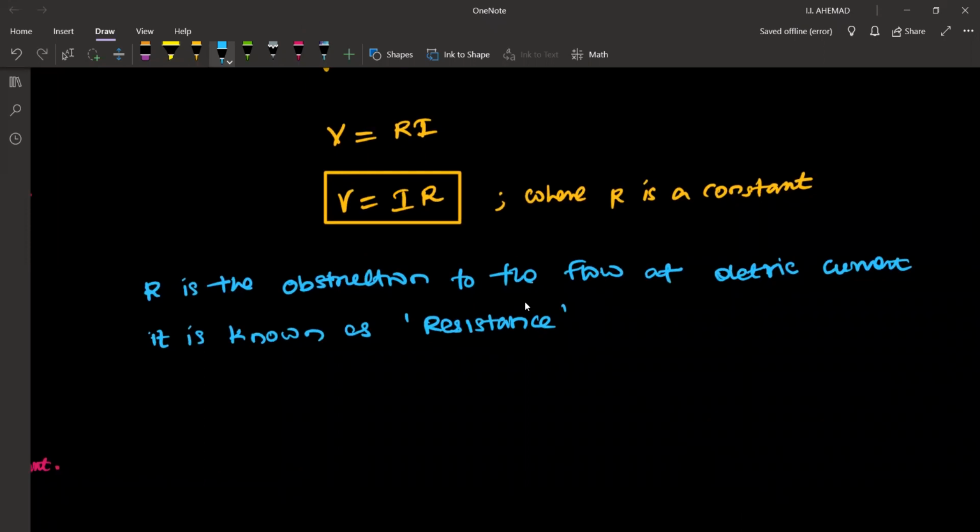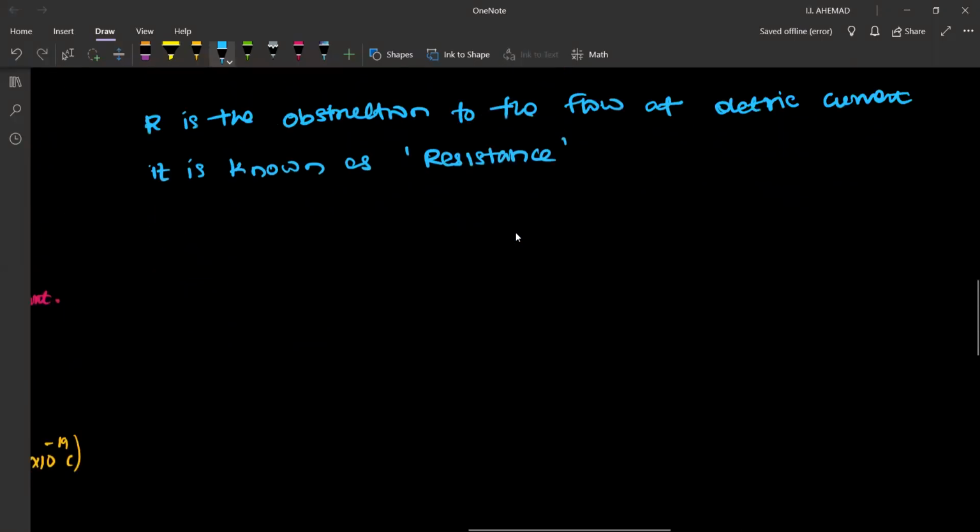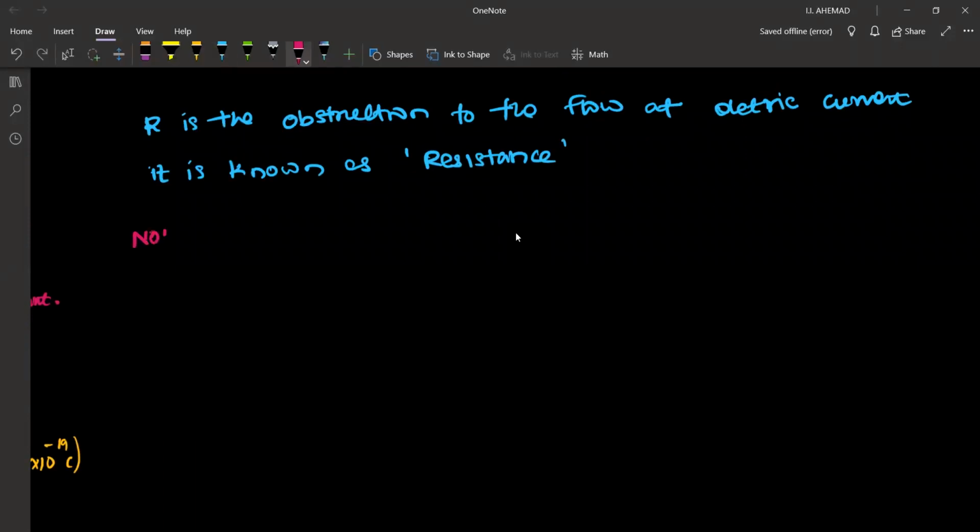Okay. Note number one, V is equal to R into I. So if I draw a graph, this is in the form y is equal to mx.